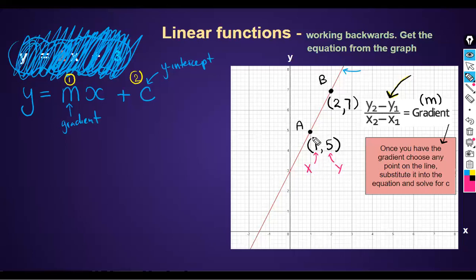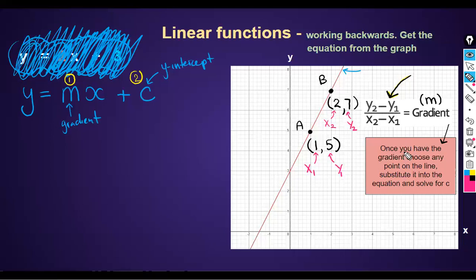Because you chose A first, everything in A will have the subscript 1. So this is X1 and this is Y1. Didn't I choose B second? So this comes like X2 and this comes like Y2, because this is the second X coordinate I chose and this is the second Y coordinate I chose.